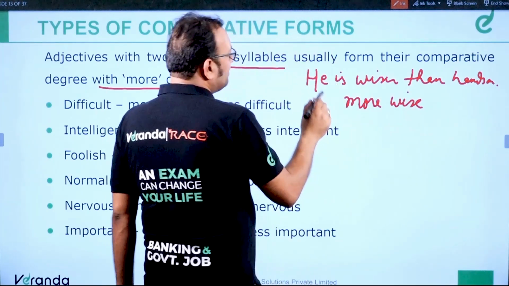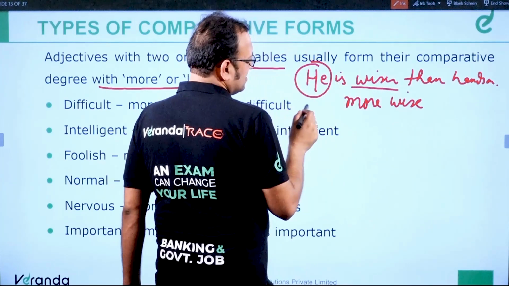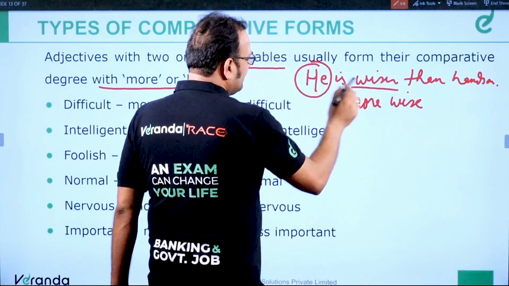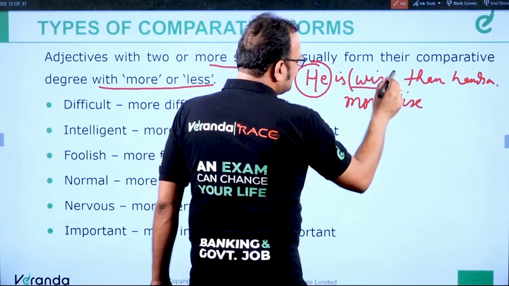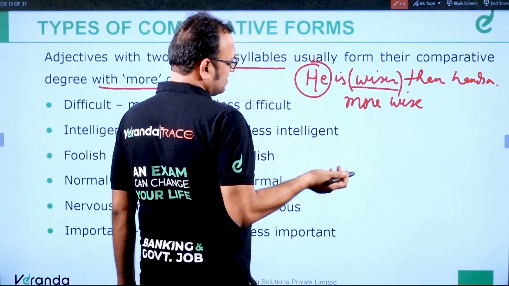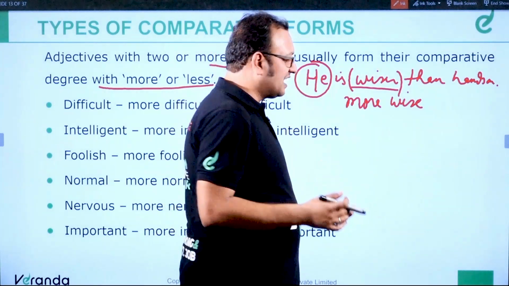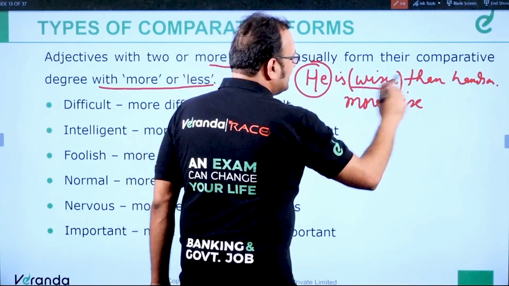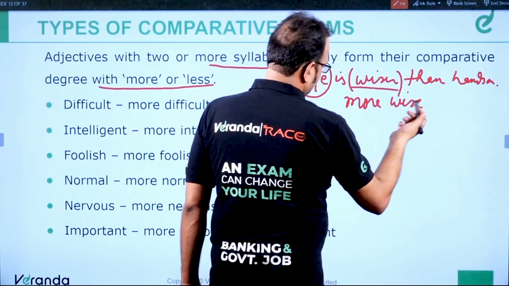Because we compare two qualities within the same person, wisdom and handsomeness. In this case, the adjective which is stronger or more prominent, he's wiser, right? So I should say more wise for that matter. The same person and two qualities are being compared. Then we say he is more wise than handsome.